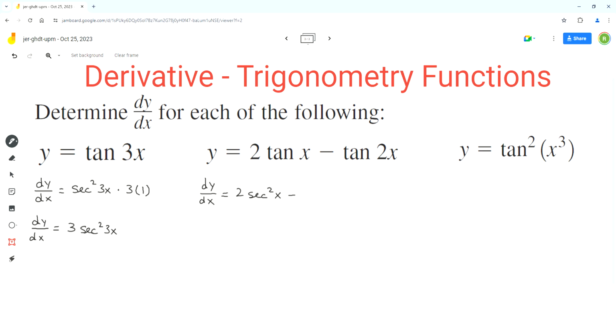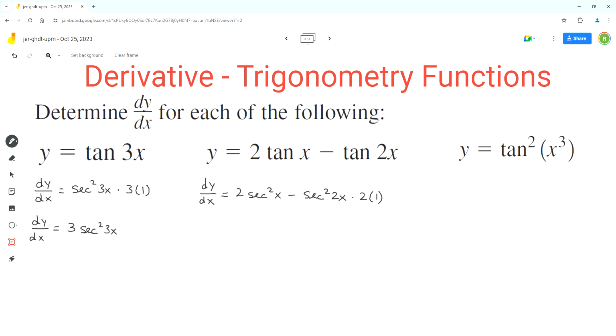So we have to use the chain rule. So as per the chain rule, we start the derivative of the outer function, and the derivative of tan is secant square times the derivative of the inner function, and the derivative of 2x is 2 times 1.